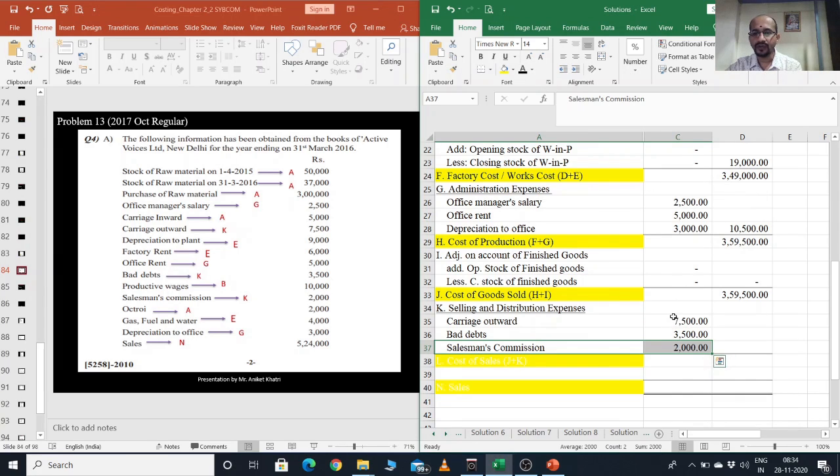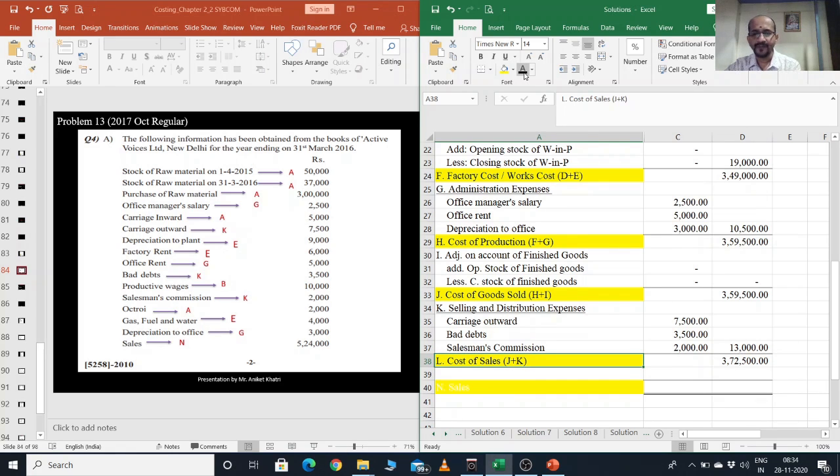Now do the total of these three items. It will be 13,000. So add this 13,000 to the 3,59,500. This will be your cost of sales.